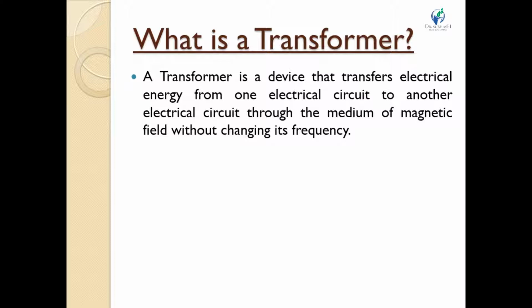This is called a step-down transformer. On the other hand, we can also use the transformer to increase the voltage level. This is known as a step-up transformer. Here we note that when the transformer changes the voltage level, it changes the current level also.